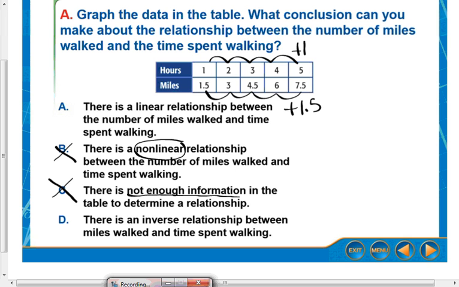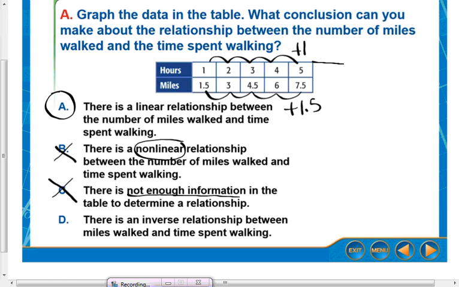Okay, so ladies and gentlemen, the answer is A. As I was going through this, I read, this is nonlinear. Well, I know it's linear because we have a consistent rise over run. Okay, we have a consistent slope. Every single time it's changing by 1, and every single time it's changing by 1.5. The ratio is the same.